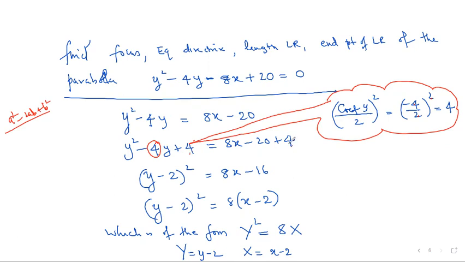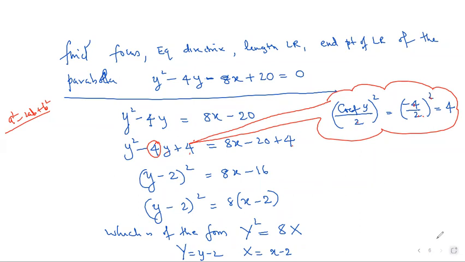That number is added so that this becomes a perfect square. Everybody agree with this? Coefficient of y, not y square. What is the coefficient of y? Minus 4. Divide it by 2 and then square it.